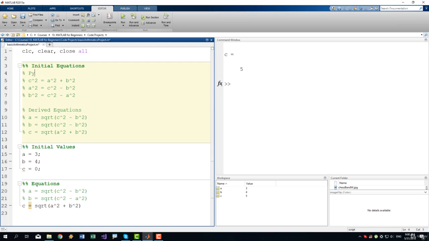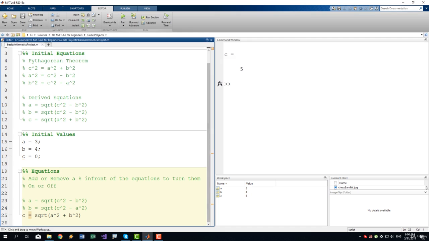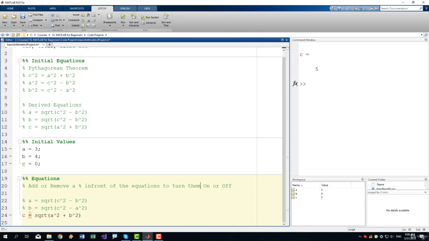This is the Pythagorean theorem. And here we can also add or remove a percentage sign in front of the equations to turn them on or off. There we have it. Now we can do it even like that. There we have it. Our code is now documented, it's clear what it does, and anyone can use or understand it.